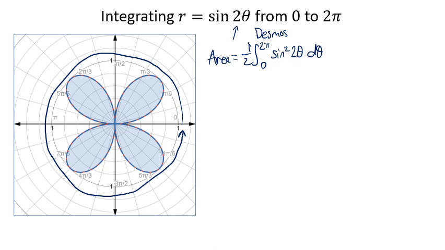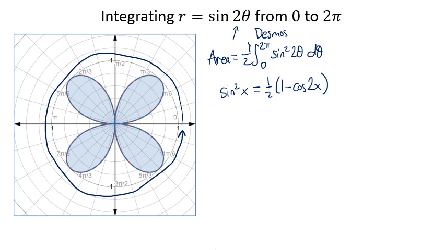So how do I integrate sine squared? Well, I know that sine squared x is equal to 1/2 of 1 minus cosine of 2x.